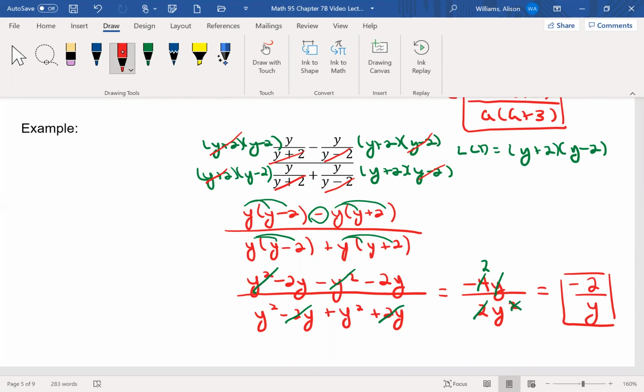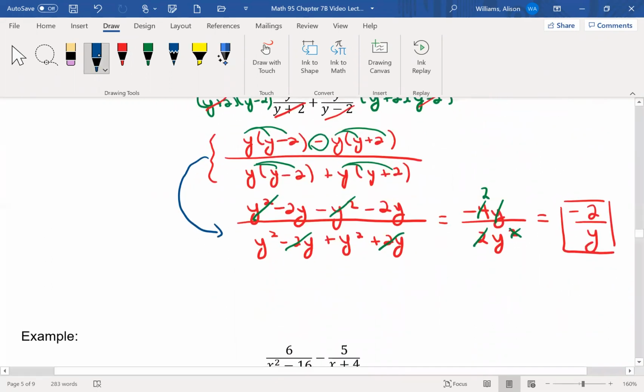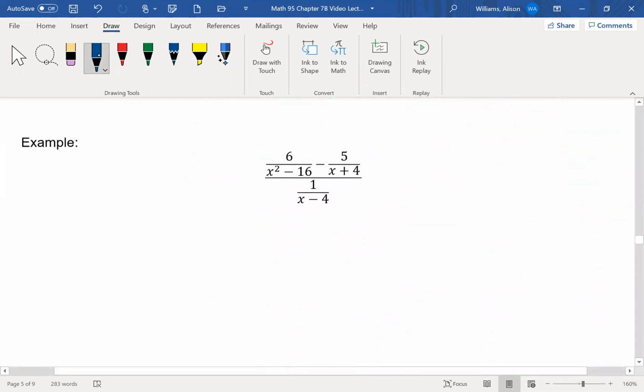That's how we deal with these more complex versions. Same process, clearing the fractions, but we need to make sure to simplify before we start trying to do any sort of canceling, because we can't cancel when it's not fully simplified, or we'll try to factor when we do that. All right, let's do one more.